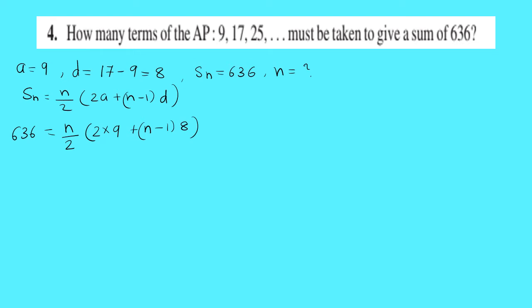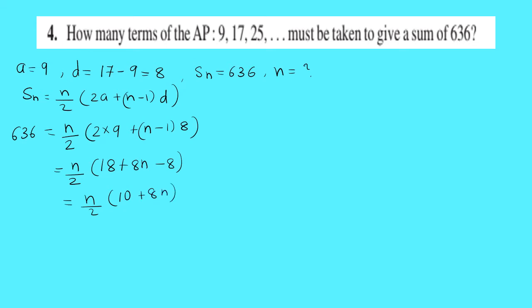That is n upon 2 multiply by 2 nines are 18 plus 8n minus 8. That is n upon 2 multiply by 10 plus 8n.